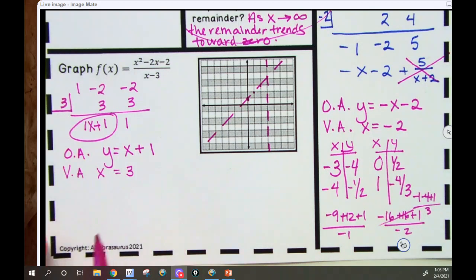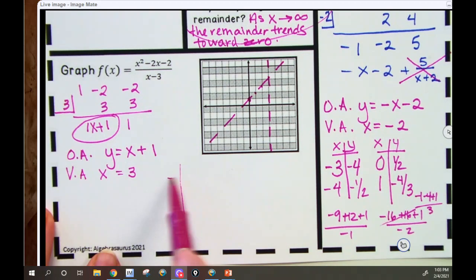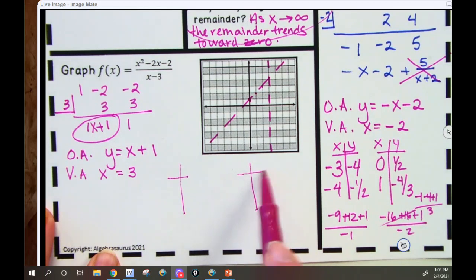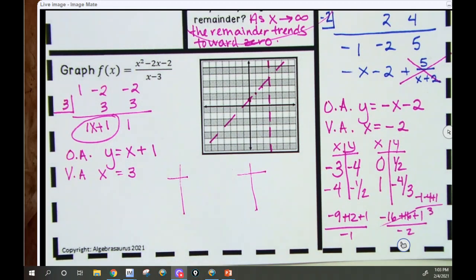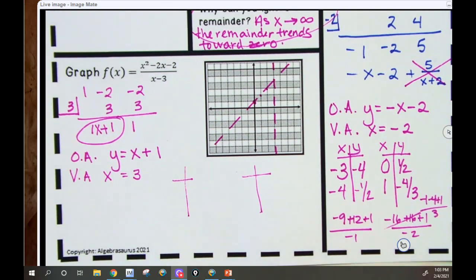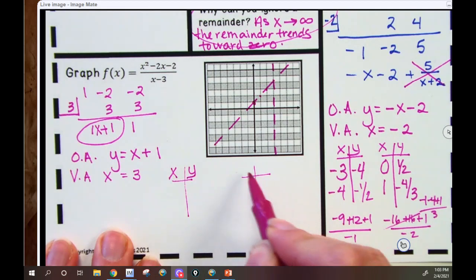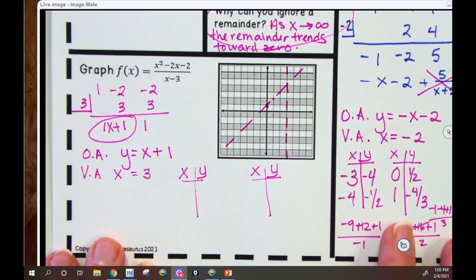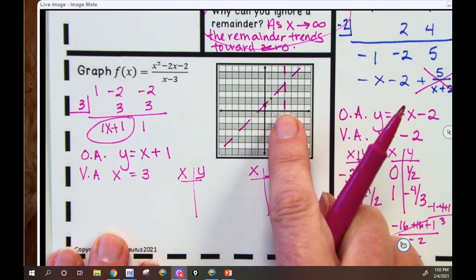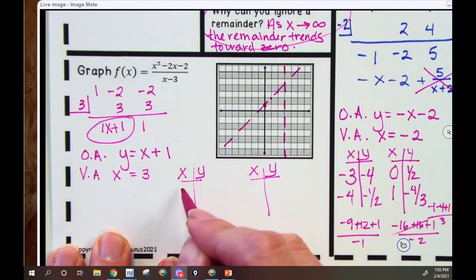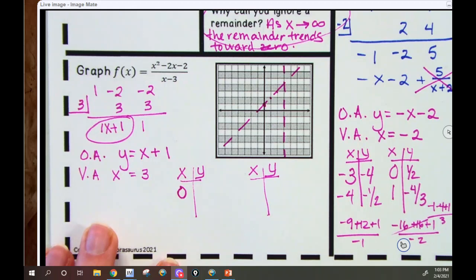Okay, and again, to the left and the right of that vertical asymptote. And I'll give you guys just a second because I can see you're still graphing those lines. Okay, on the left, I choose 0 and 1.